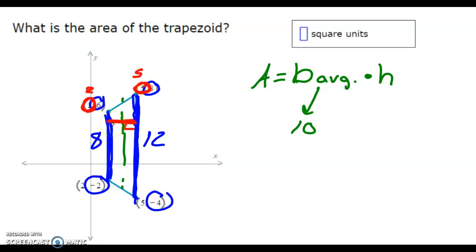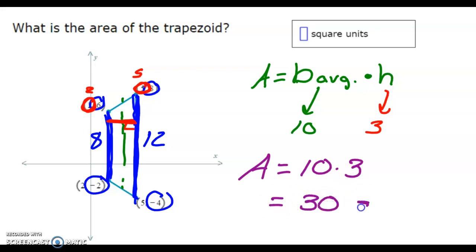So the distance in the x values between those two is going to be 3. So all you need to worry about, your area is 10 times 3, which is going to be 30, and they just have it as square units since it is on the coordinate plane. There's not an exact measurement of units.